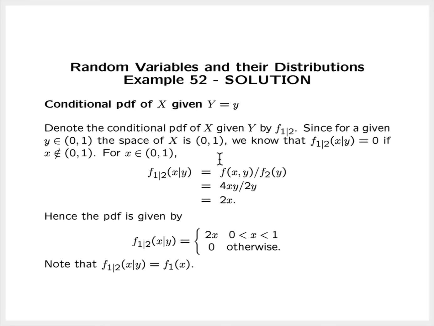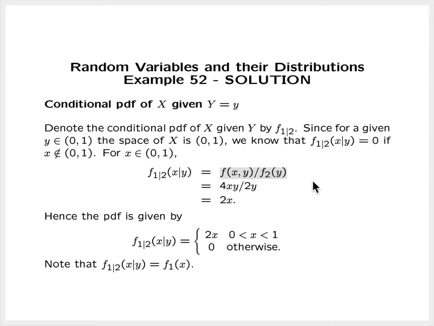All right, and so we're going to appeal to the definition of the conditional PDF of x given y, which says that the conditional PDF of x given y is going to be equal to the joint PDF divided by the marginal PDF of y.